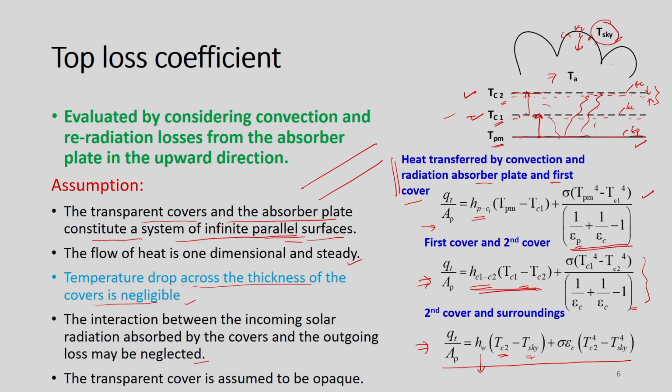Please note that this sky temperature is different from the ambient temperature. This sky temperature is from those elements which are absorbed in the atmosphere. And this part is the radiative component. So, it has two components, the convective part and the radiative part. So, we have explained how this can be added and how this rate of heat transfer can be calculated between these parallel plates.